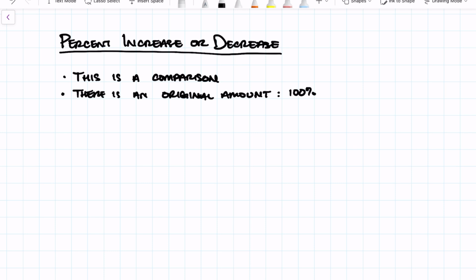Whatever we're going to compare this to, this has to be the 100%. Now remember that 100% doesn't mean perfect. All it means is this is the number that we currently have. So for example, last year, let's say I bought 5 shoes, then 5 is the 100%.